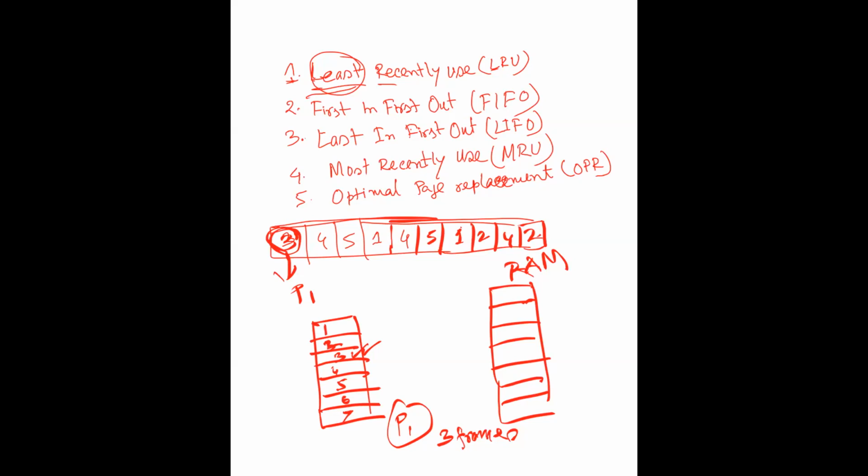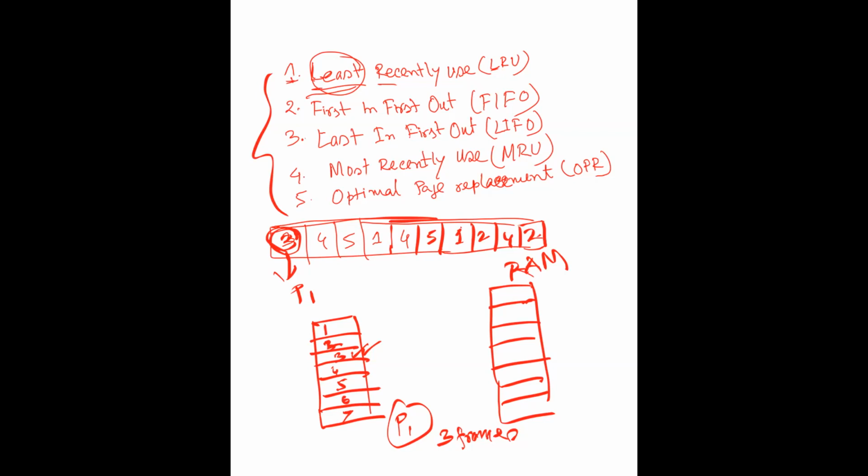Then we will check the FIFO, first in first out algorithm, then LIFO, last in first out, and then the OPR, optimal page replacement algorithm, and count the page faults. The algorithm that reduces the number of page faults is the best algorithm. To evaluate algorithm performance, we need to count the number of page faults.